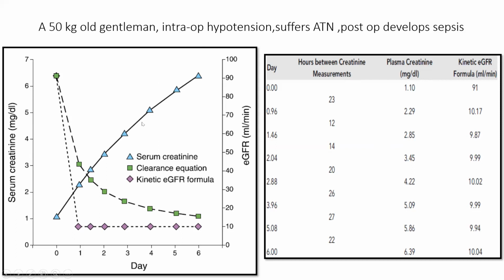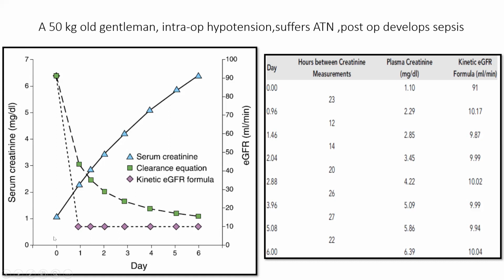If you look at the graph on the left hand side, the x-axis is the day on which the serum creatinine and the creatinine clearance have been calculated by the normal MDRD formula, which is used in adults, and the kinetic eGFR formula. On the left y-axis is the serum creatinine, and on the right y-axis is the eGFR.